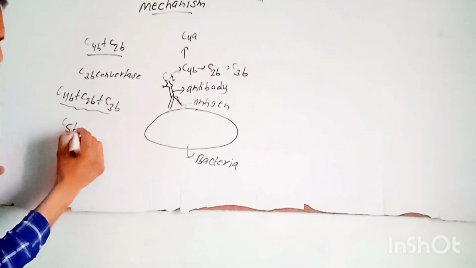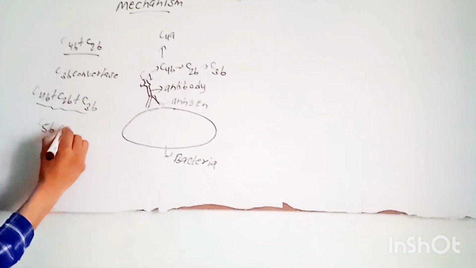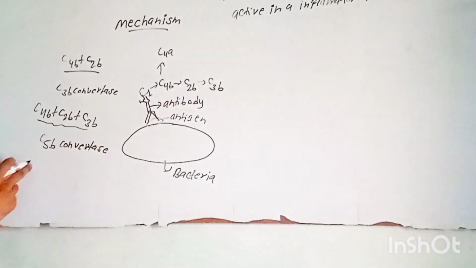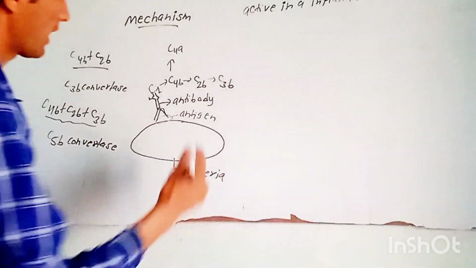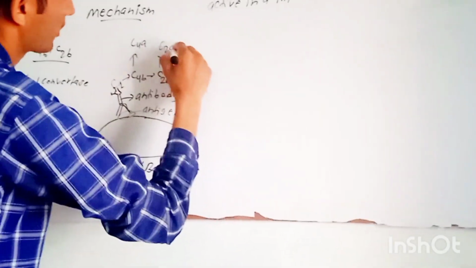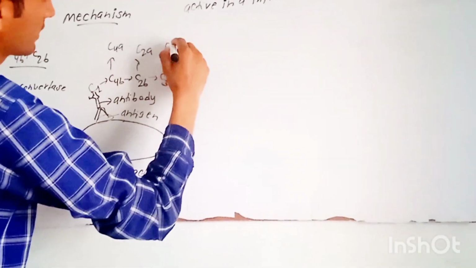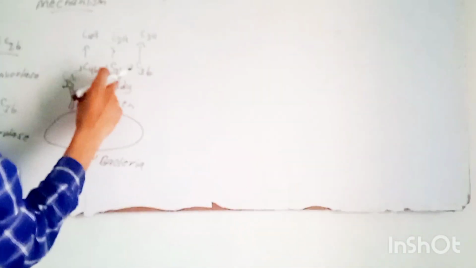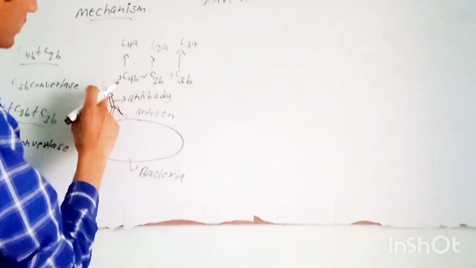These three proteins are called the C5 convertase. C2b also has a C2a component and C3b also has a C3a component, but only the C4b, C2b and C3b attach to the C1.